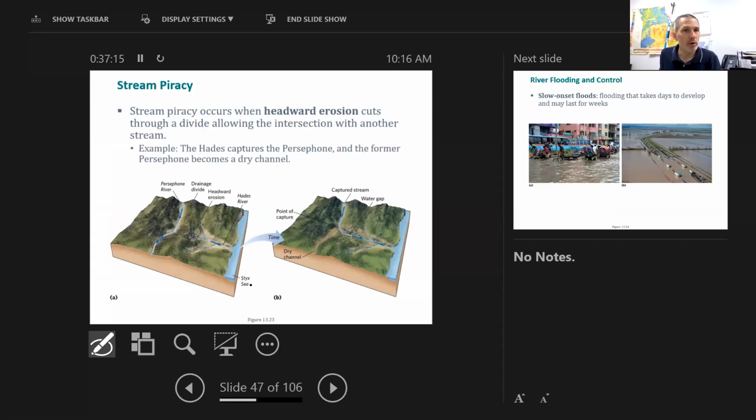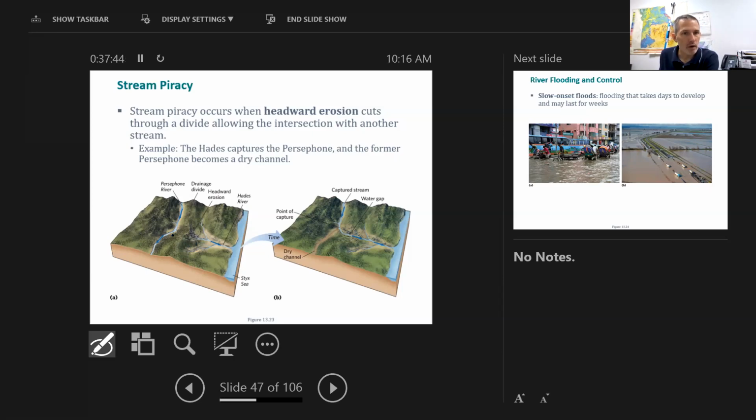Rivers that are steeper are going to be more effective at eroding and have faster water moving. And so what can happen is something called stream piracy. So on the left here, we have this river, which has a steep gradient over here, but then in the lower portions, it has a lower gradient. This river over on this side is going to have a steeper gradient. So a steeper gradient is going to lead to more erosion.